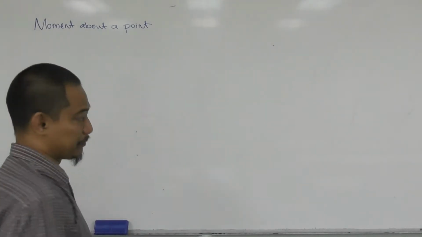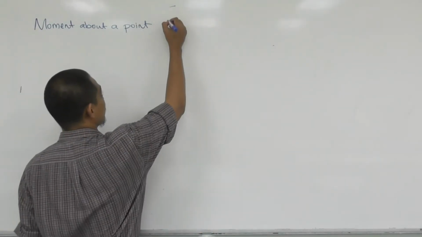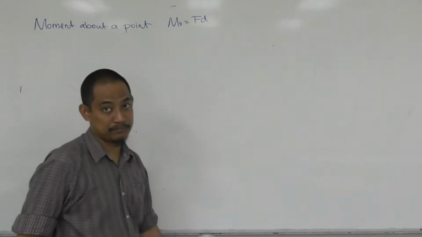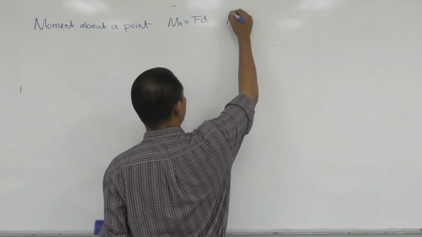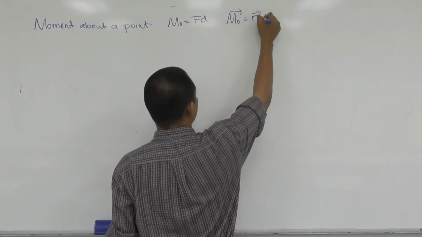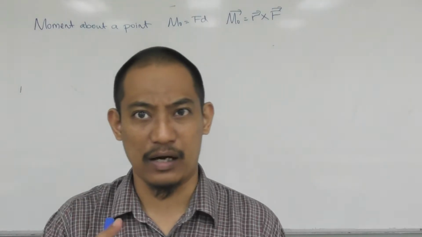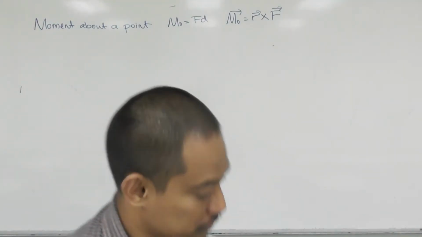If you still remember the equation, moment about a point, let's say MO equal to F times D, or in vector form, MO equal to R cross F, and that R is from point to force.